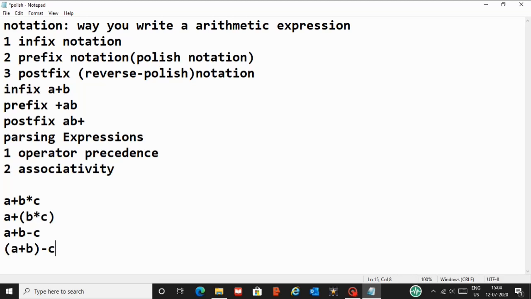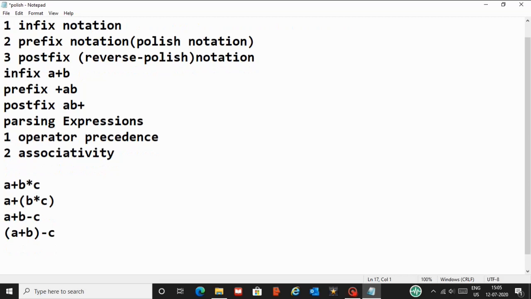And if you want to overrule the precedence, anything you put in brackets is evaluated first in any expression. It has topmost priority. Anything in brackets, that time it will not consider the operator precedence. The brackets are evaluated first. So please make a note of this.